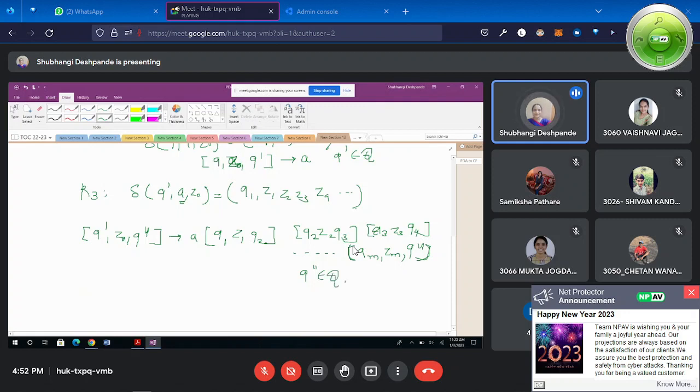Okay? So these are the three rules, and after defining all the rules, we will apply them for simplification of grammar also. So we'll have one example. Write down one example now.